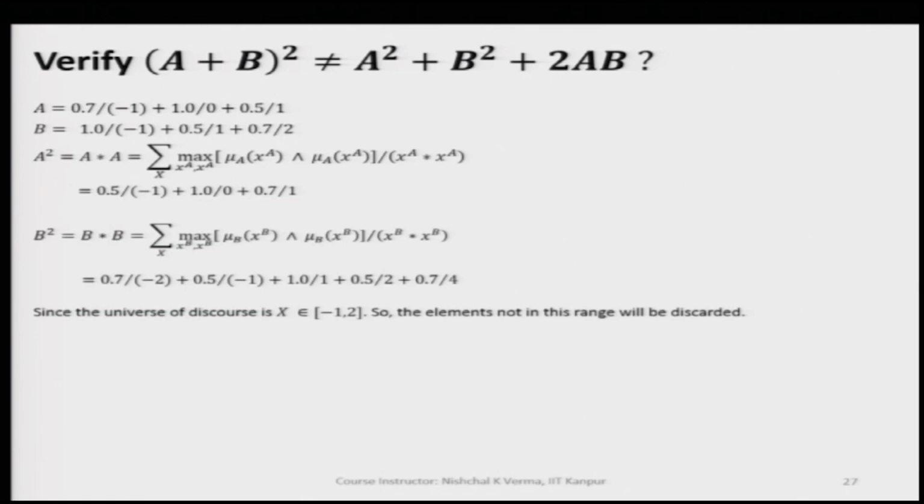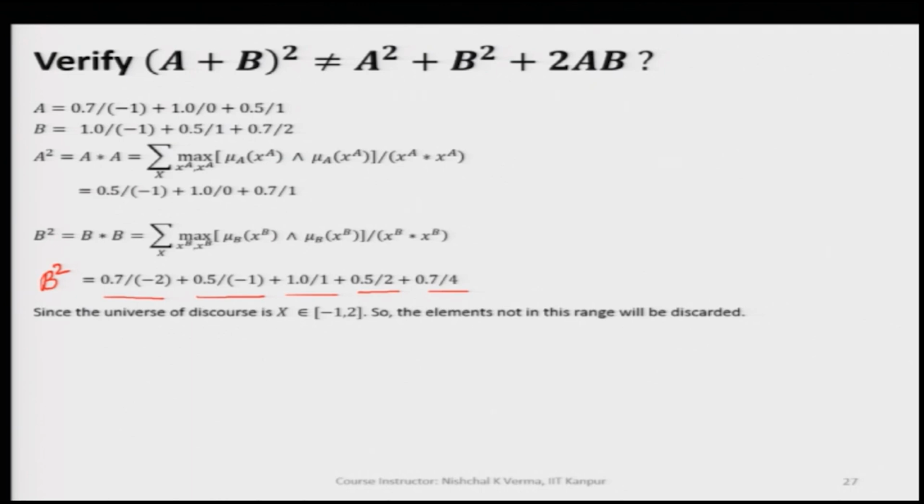Similarly, we can find here the B square, and as B square we are getting 0.7 by minus 2 plus 0.5 by minus 1 plus 1.0 by 1 plus 0.5 by 2 plus 0.7 by 4.